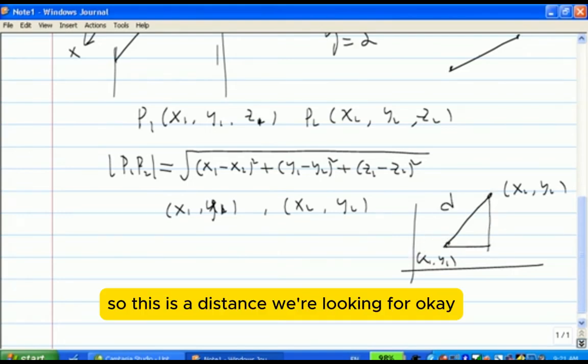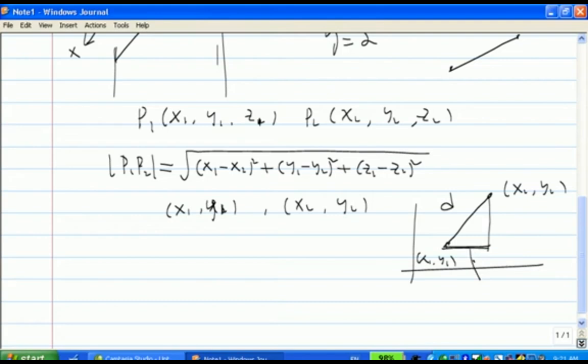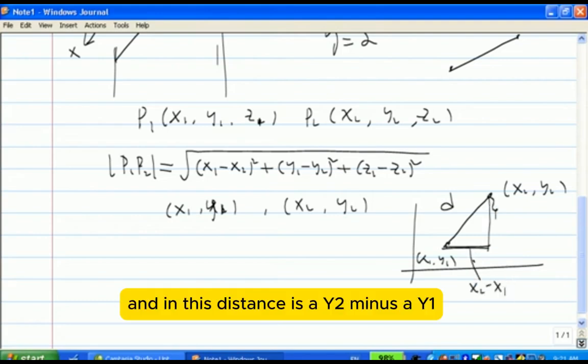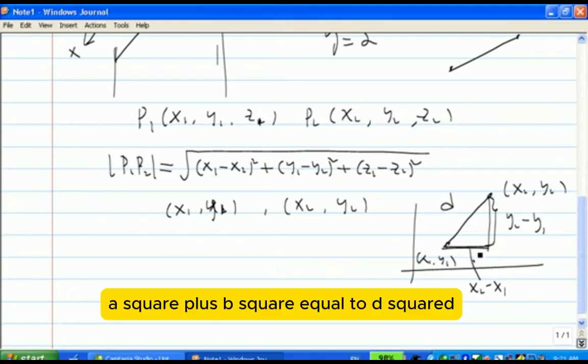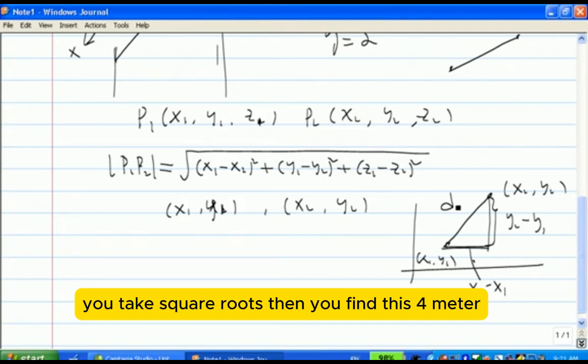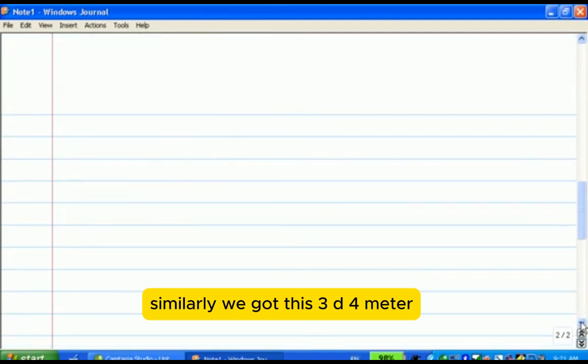So this is the distance we're looking for. And this length obviously is x2 minus x1, right? And this length is y2 minus y1. Then you use the Pythagorean theorem. You can find d: a squared plus b squared equals d squared. You take square roots, then you find this formula. Similarly, we get this 3D formula.